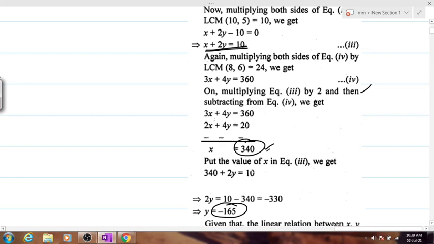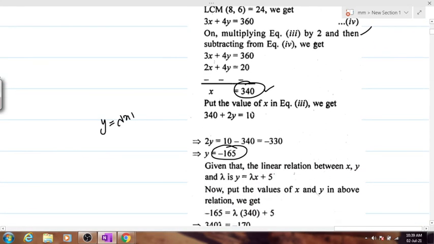Okay, 340 and minus 165. And after you got the value for this, you directly substitute this value in the equation y is equals to mx plus 5. Clear? Substitute x from here, substitute y from here. You will get the value for lambda.